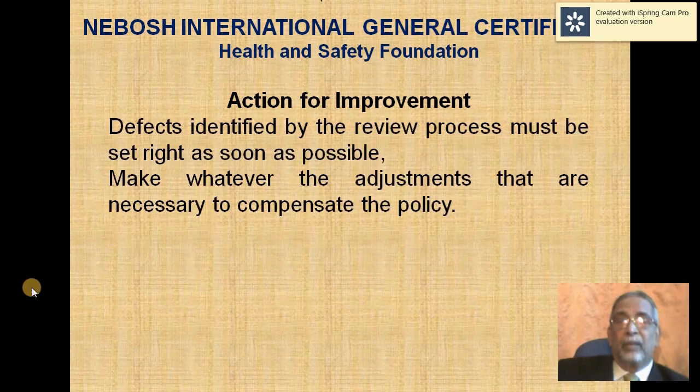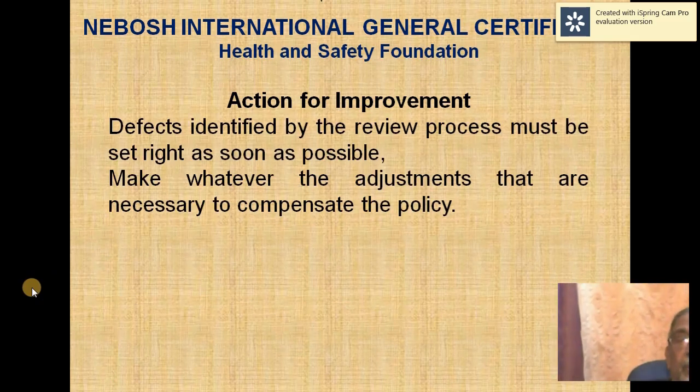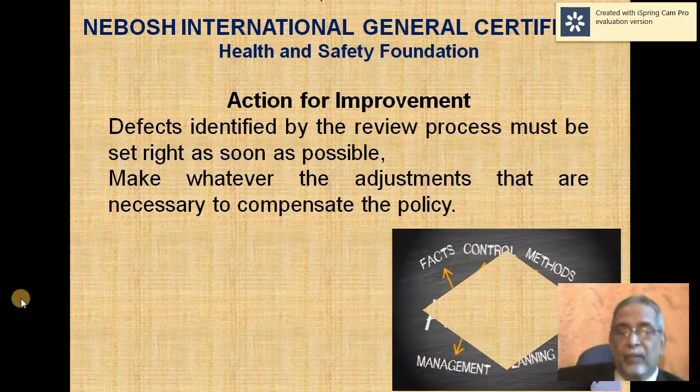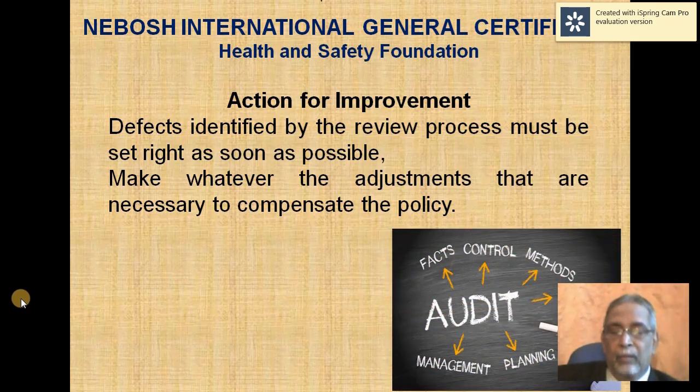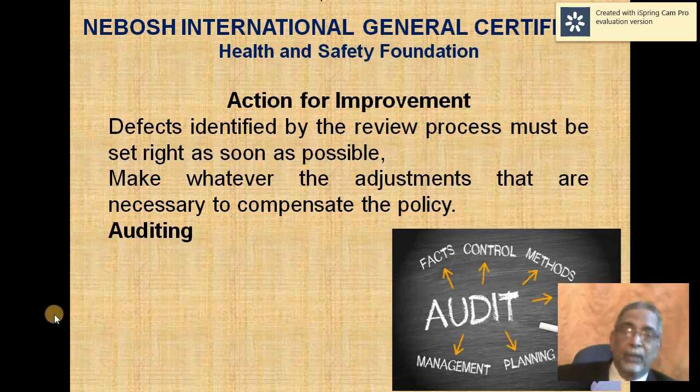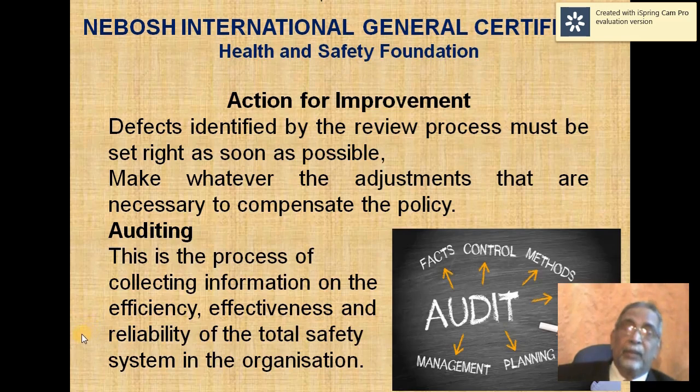After the evaluation, what action are you going to take for improvement? Defects identified by the review process must be set right as soon as possible. Make whatever adjustments are necessary to the policy. Then auditing. Auditing is the process of collecting information on the efficiency, effectiveness and reliability of the total safety system in the organization.